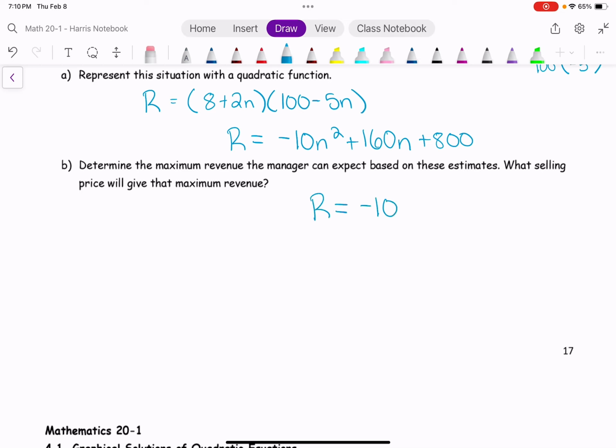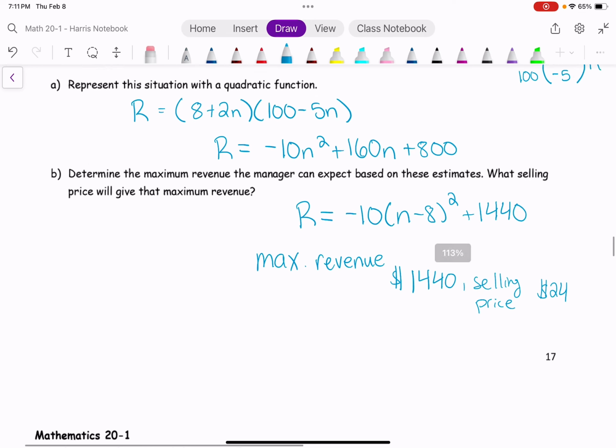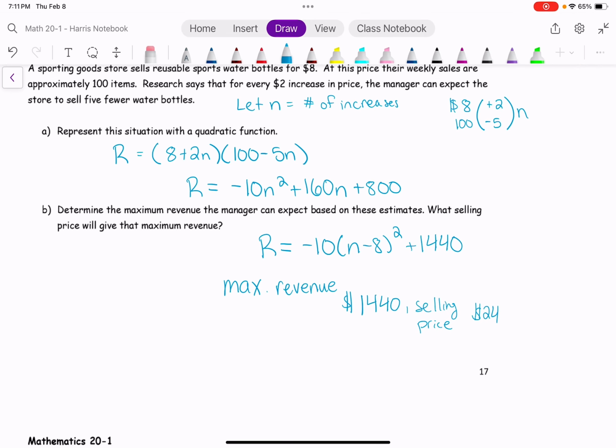So I get negative 10 times n minus 8 squared plus 1,440. So the max revenue comes out to be $1,440 with a selling price of $24.